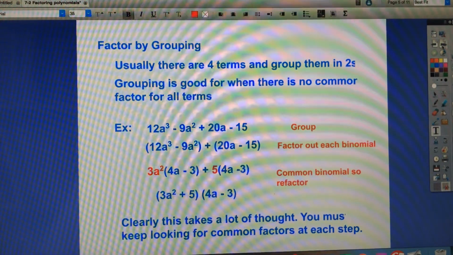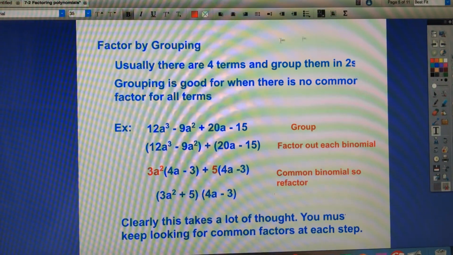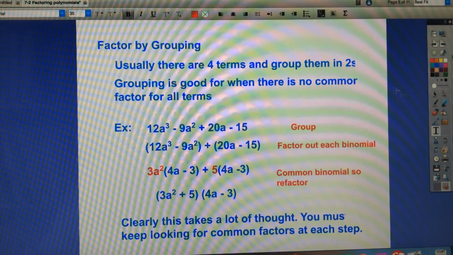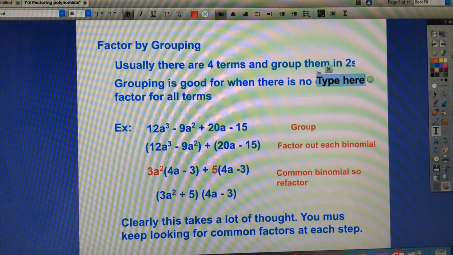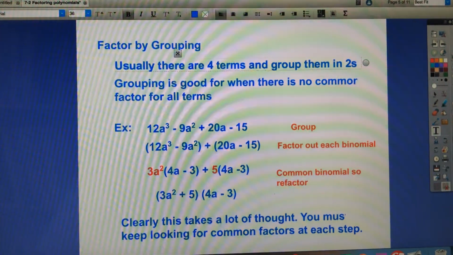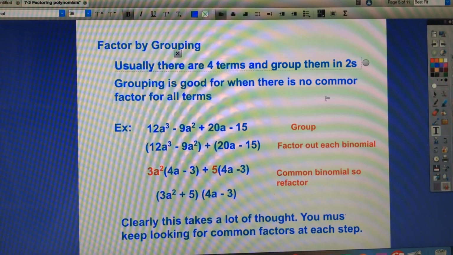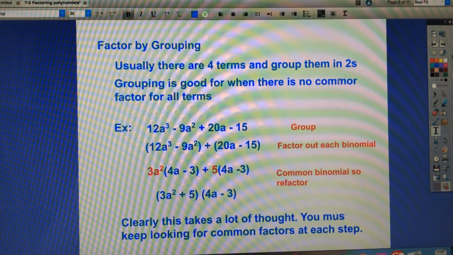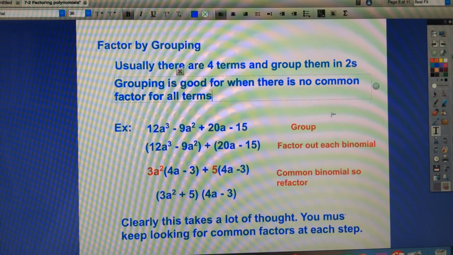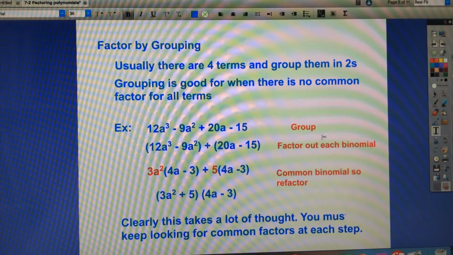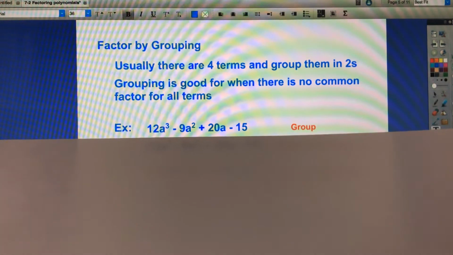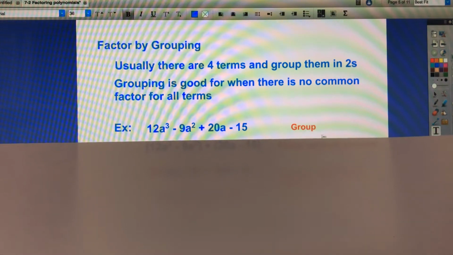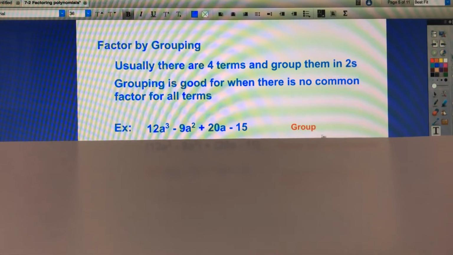What if we want to factor by grouping? Usually there are 4 terms in order to do grouping, and you group them into twos. So grouping is good when there is no common factor for all of the terms. So I look at my first one and I see right away 12a to the third minus 9a squared plus 20a minus 15.